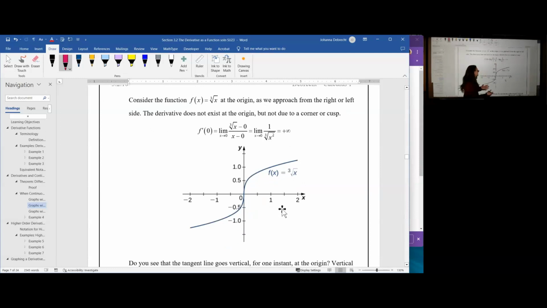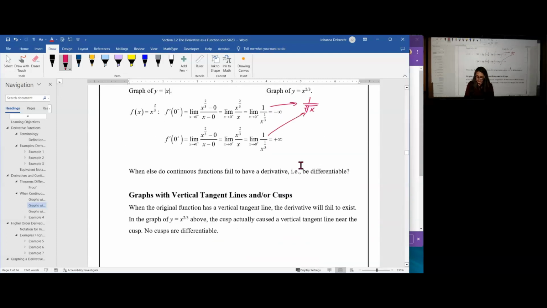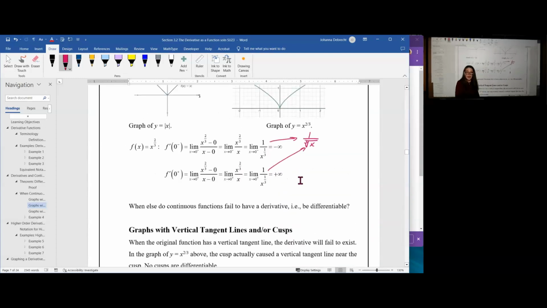When we're approaching 0 from the right, notice that all the values are positive. That means in my limit up here that I am approaching 0, but with positive numbers in this second limit. I get a constant over something approaching 0, which we know goes to infinity or negative infinity. But because the 1 is positive and we're approaching from the right, it must go to positive infinity.